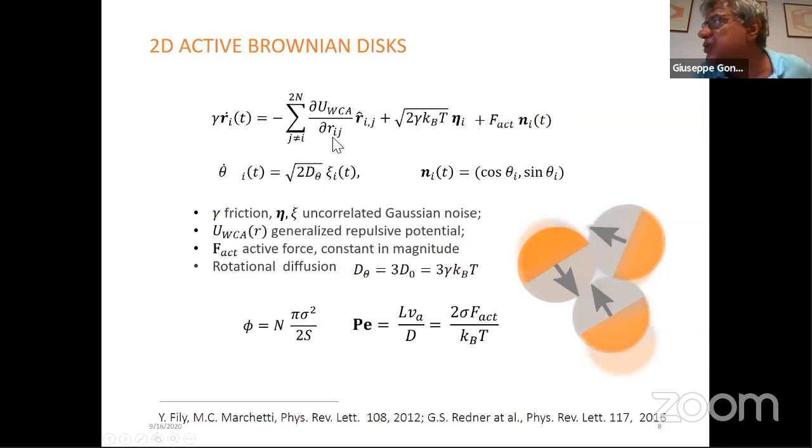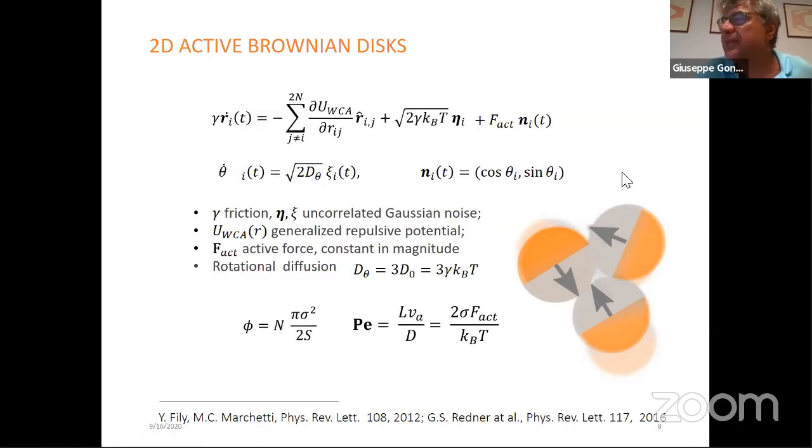This is a potential between all particles that represents the volume repulsion. Then you have standard white noise, and then you have this force that depends on this polar vector, and the direction of the polar vector changes in the standard random way. Theta dot is proportional to some other white noise.